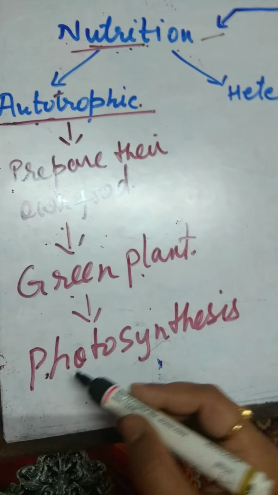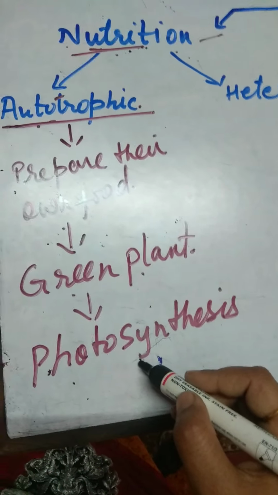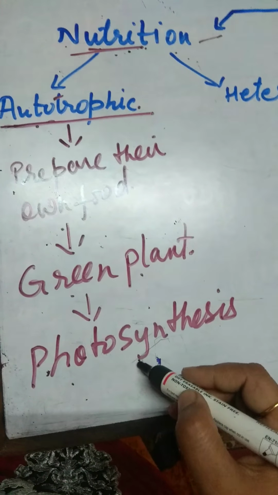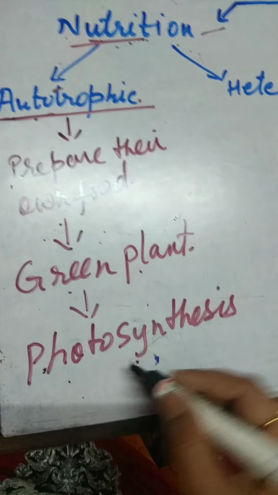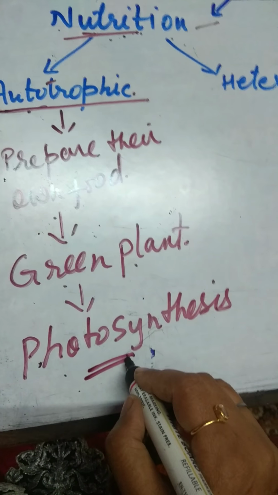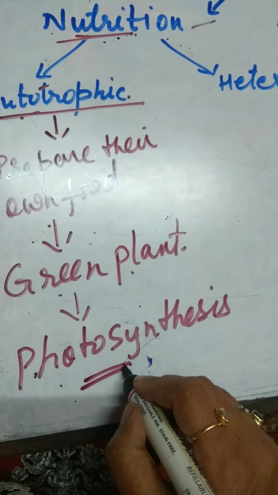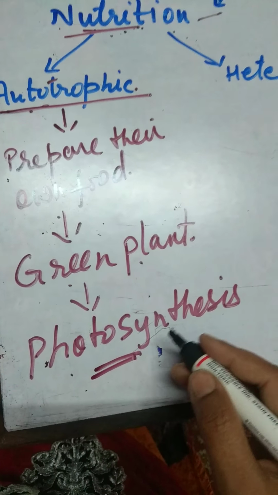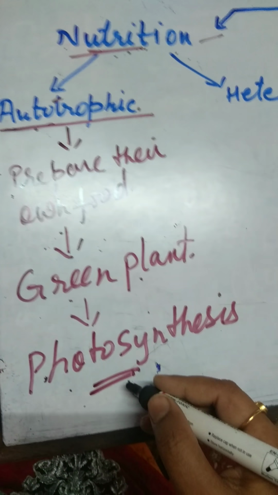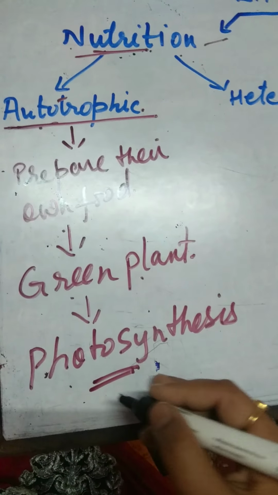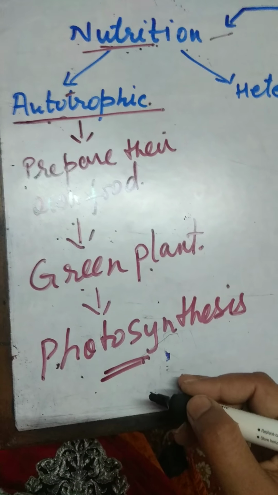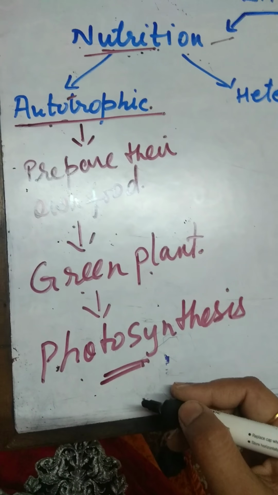Green plants prepare their own food through photosynthesis, and in all the lower classes you have studied the definition of photosynthesis. What is photosynthesis? Preparing of food with the help of carbon dioxide and water in presence of sunlight and chlorophyll.